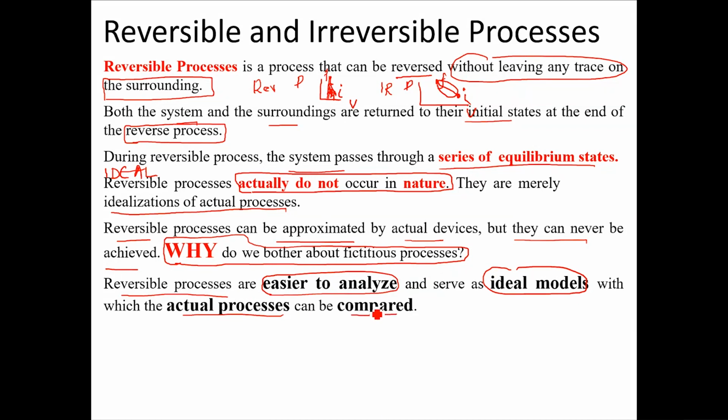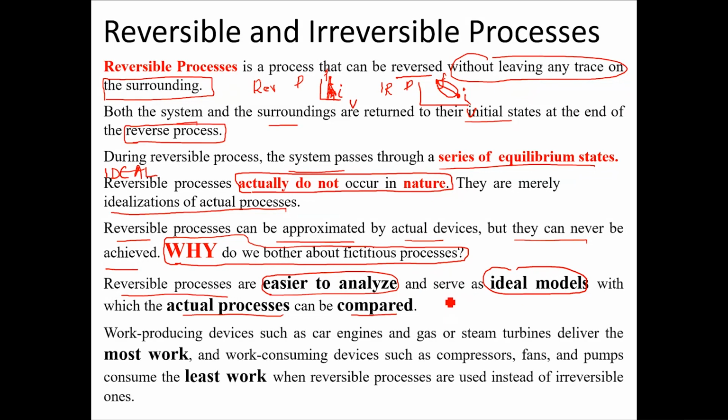That means if I have a frictionless piston, what is the maximum amount of work that I have to do in order to compress the gas? Or what is the maximum amount of work I can get if the piston starts moving upwards, or it's an expansion process? So it provides a basis for comparison with the actual processes.